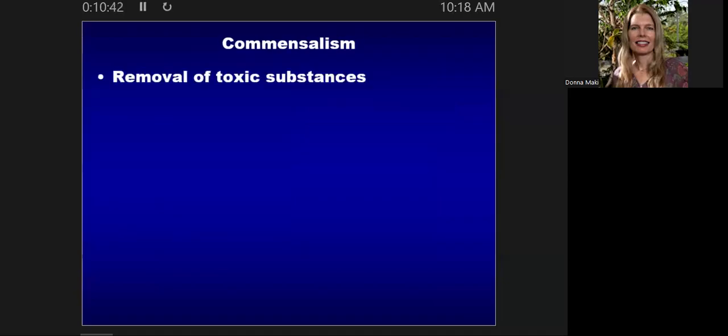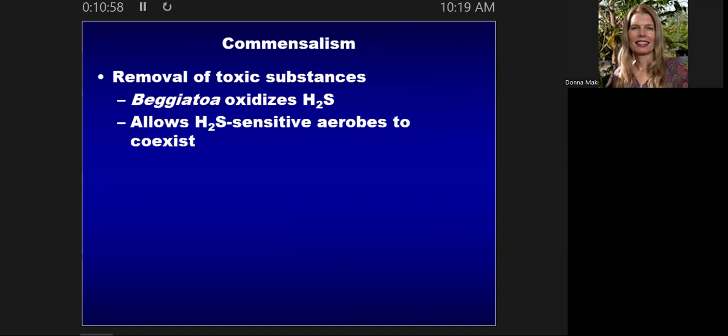Here's another idea, removal of toxic substances in the environment by a group. If you have Beggiatoa, for example, remember hydrogen sulfide is toxic in high doses. It's toxic to any living organism. And so if you break down hydrogen sulfide, then other nearby microbes that are sensitive to it can survive and coexist.